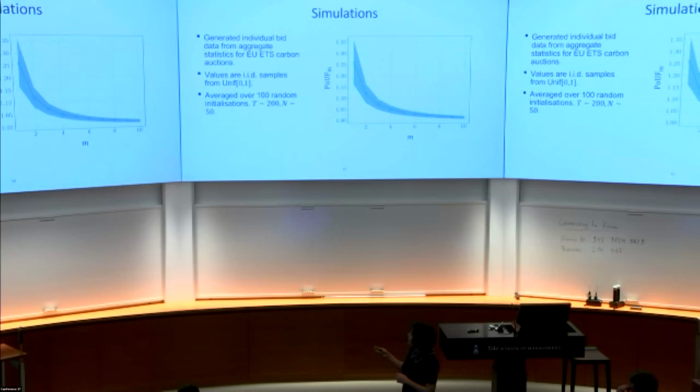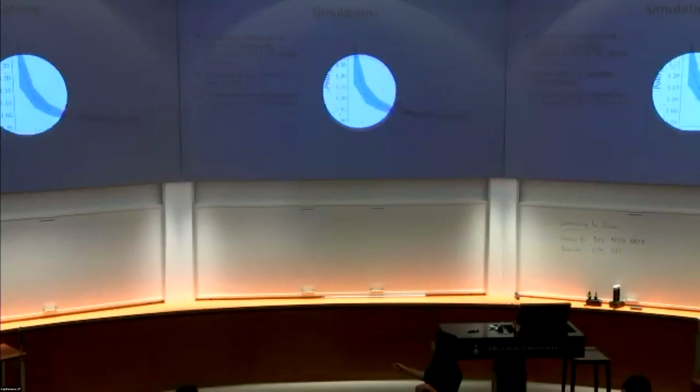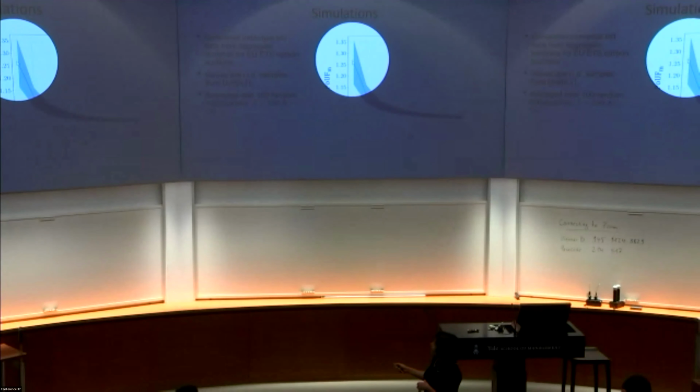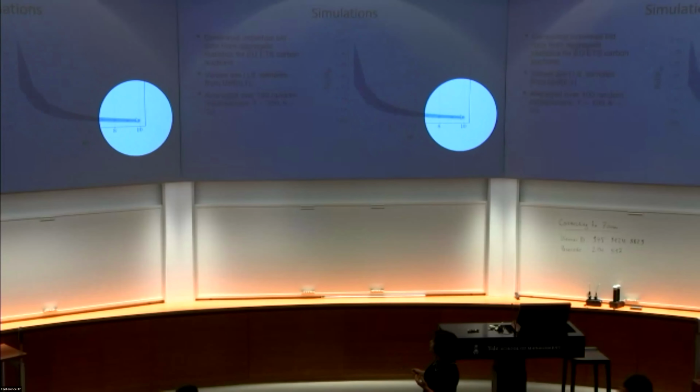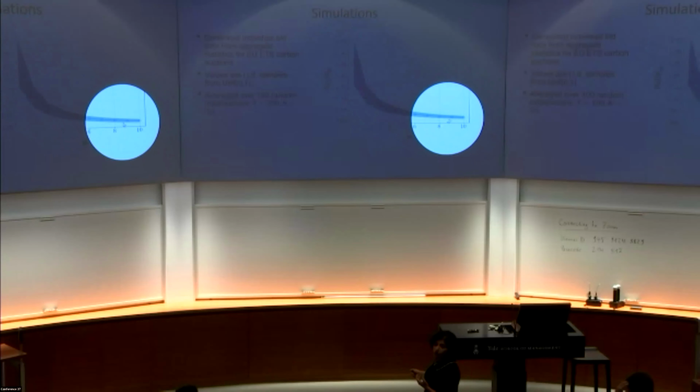So what you see here is the price of universal feasibility as a function of M, when I'm assuming that the competing bids are coming from the data that the EU ETS provides. In the worst case, when M is equal to 1, the price of universal feasibility is 1.25, rather than 2. And as M increases, the price of universal feasibility converges to 1.